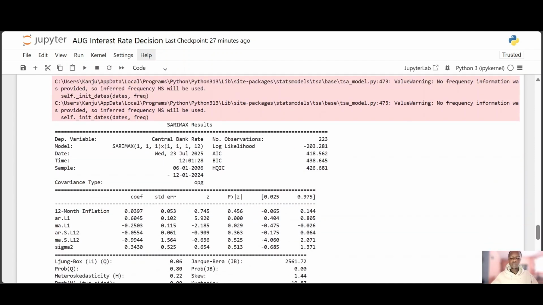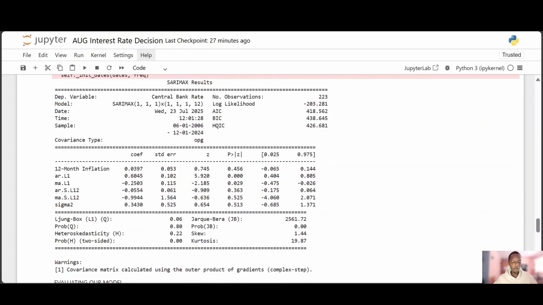So when it comes to time series modeling, again, if you've done machine learning, you basically have to evaluate your model.